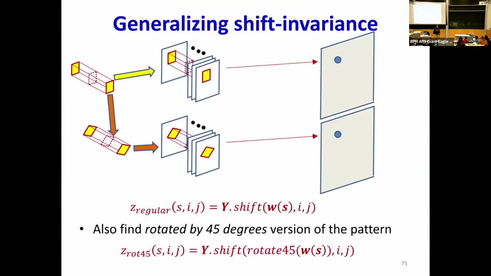If I want to make it transform invariant, then I want the network to produce the same output regardless of whether it was the flower in its original orientation or the flower rotated by 45 degrees, right? And so for that, what I can do is basically rotate the kernel itself by 45 degrees before I scan. And this is going to give me simultaneously a rotation invariance and a shift invariance, right?